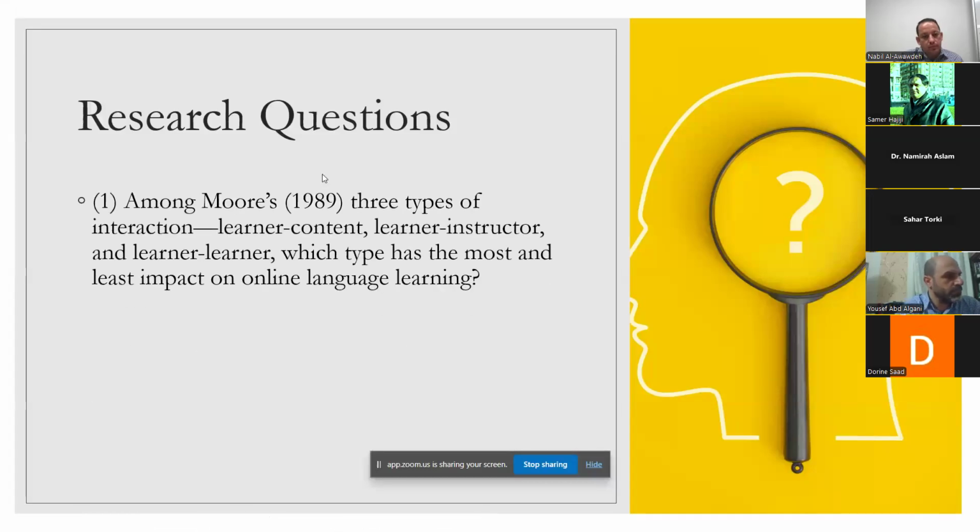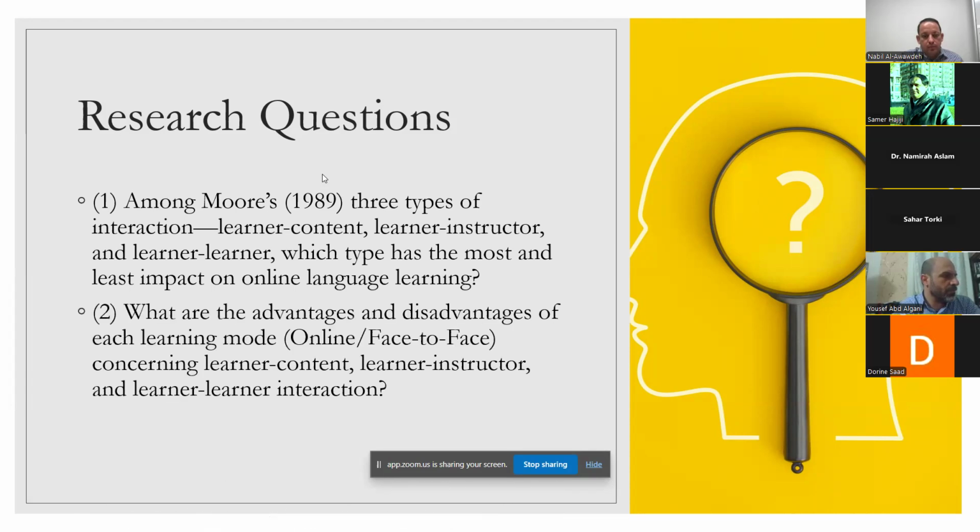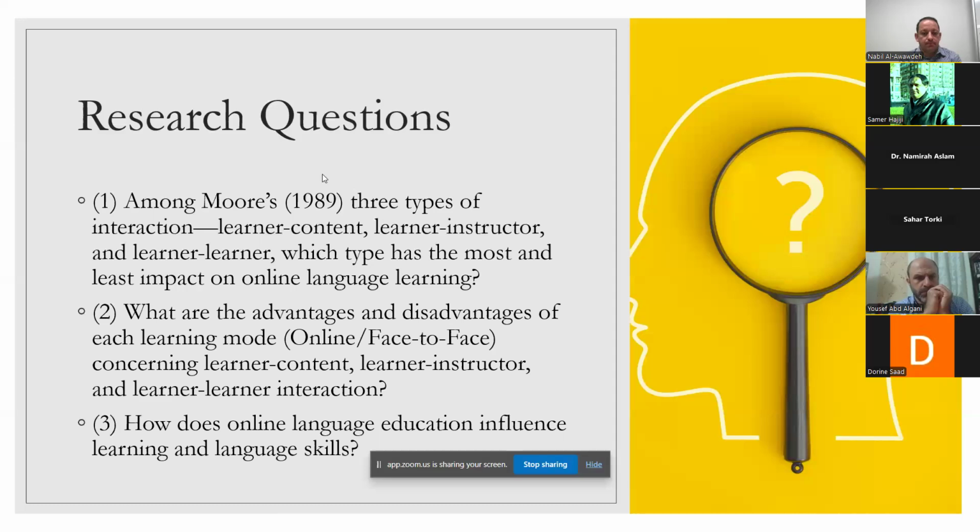The first question is, among Moore's three types of interaction, which type has the most and least impact on online language learning? The second research question is, what are the advantages and disadvantages of each learning mode concerning learner-content, learner-instructor, and learner-learner interaction? And the third research question is, how does online language education influence learning and language skills?